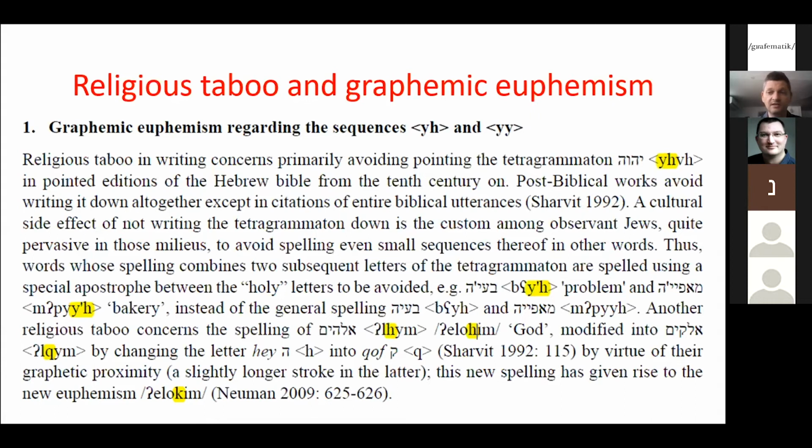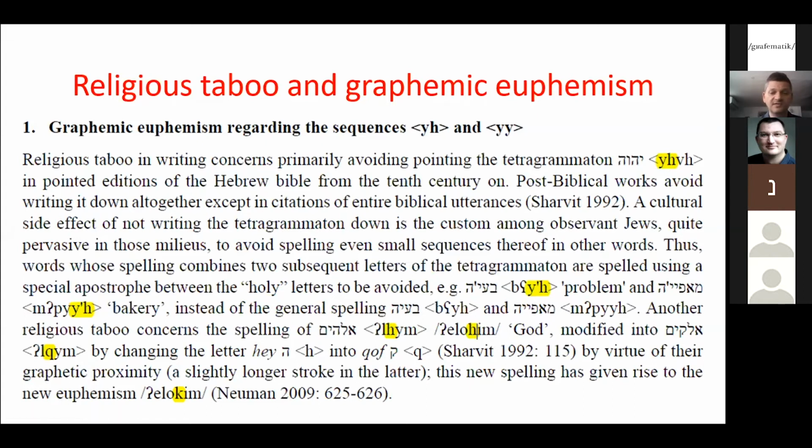Some language users, when they come across the sequence Yod Hey, avoid keeping them together. They use an apostrophe to separate them, to avoid the sacred sequence of Yah, which is in the tetragrammaton.